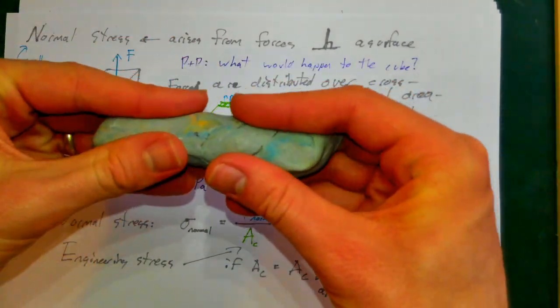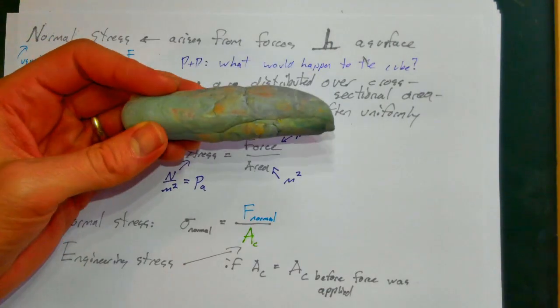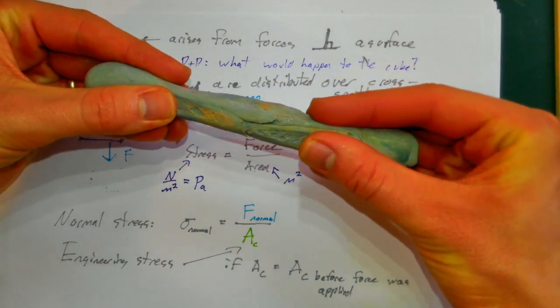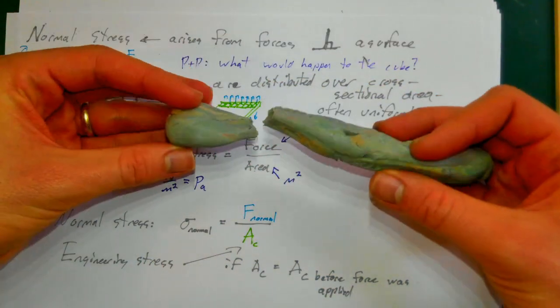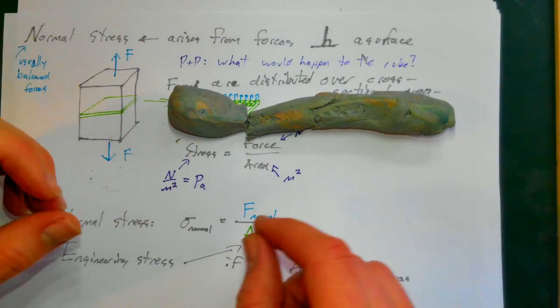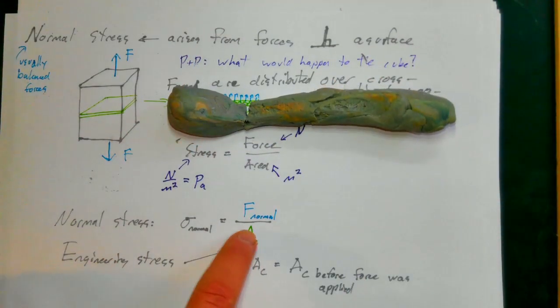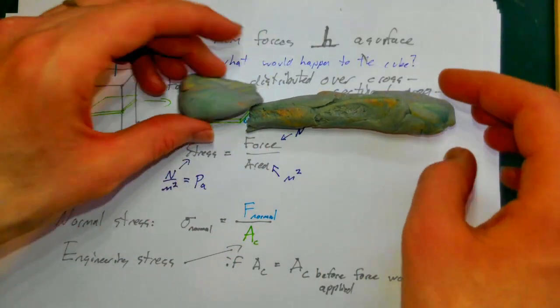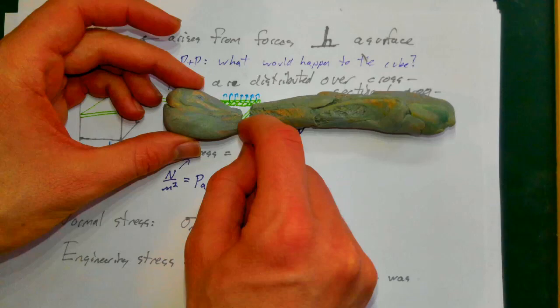Well, if we go back to this Play-Doh, before I apply the force, this has a pretty big cross-sectional area, but after I apply this force, it stretches down to a much smaller cross-sectional area. So it can be confusing which area I'm talking about when I'm talking about normal stress. Am I talking about the original area? Am I talking about this smaller area?